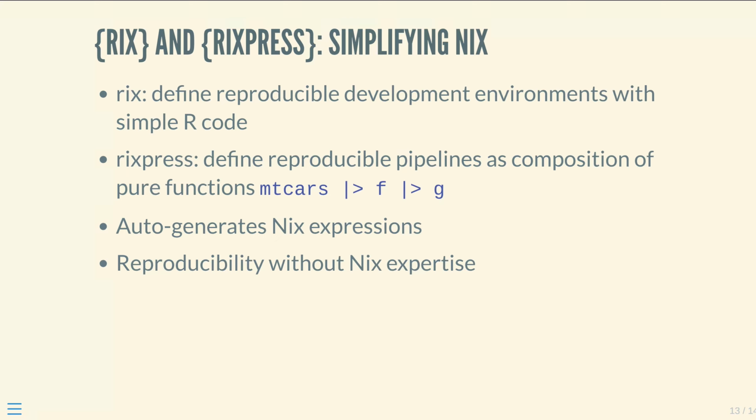For example, you start from mtcars and you pass it through f and then through g and so on, and f and g, of course, can be any type of function at all. It auto-generates a Nix expression, and these two packages together allow you to take full advantage of the reproducibility offered by Nix without being a Nix expert.